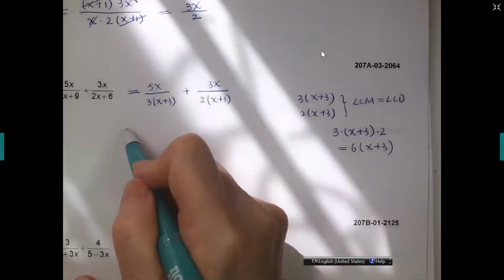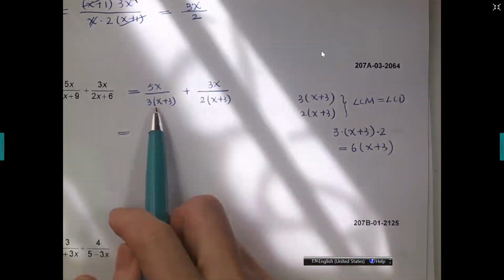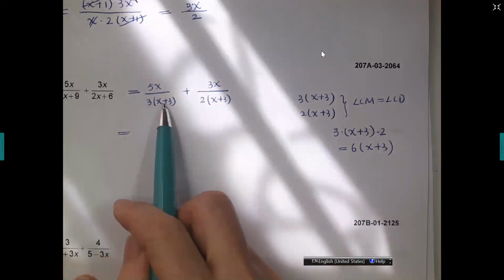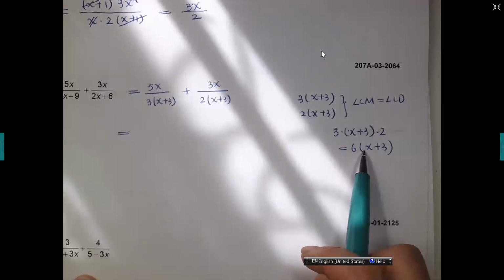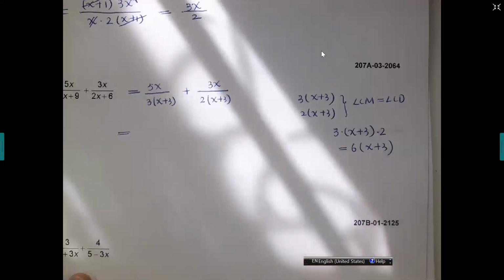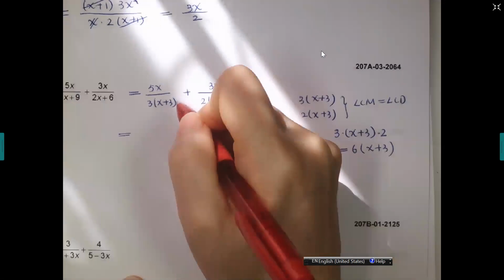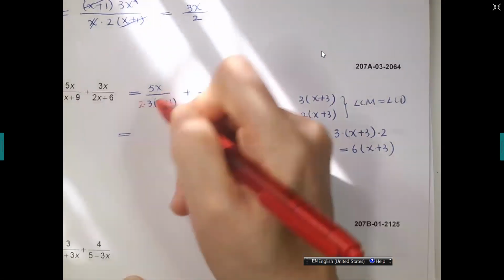I'm going to compare. How can I turn 3 times x plus 3 into the least common multiple, 6 times x plus 3? What do I do? I have to multiply this denominator by 2.